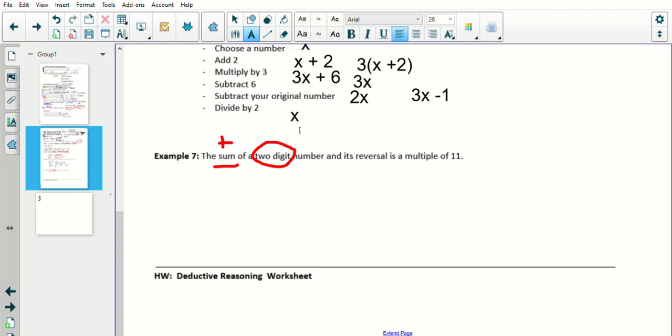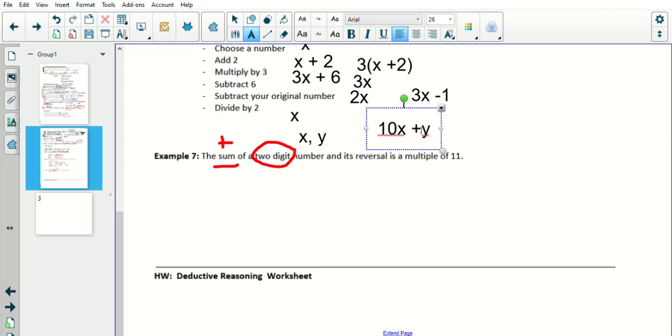Well, I can represent that by saying x and y are my 2 variables, and I can guarantee one's going to be 10 by putting a 10 in front of it. Okay, 10x plus y. And I'll show you that over here. So I can write that as 10x plus y.